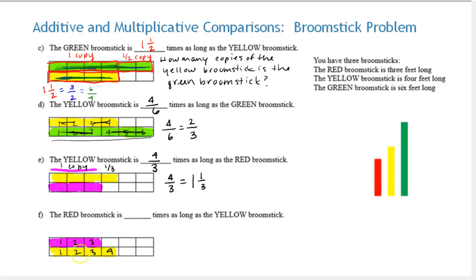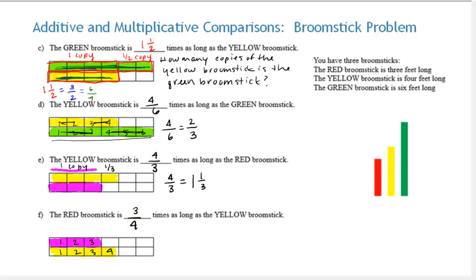How many copies of the yellow are in the red? Okay. Well, we know it's less than 1 whole copy because the red is shorter. Okay, but the red has 1, 2, 3 out of a total of 4, or it's 3/4 times as long as the yellow broomstick. Okay, and again, notice it's just the length of the red broomstick divided by the length of the yellow broomstick.